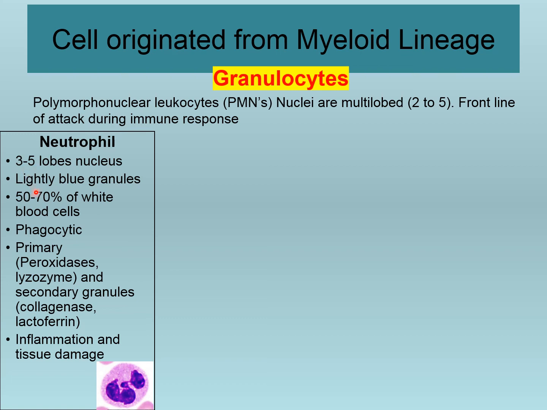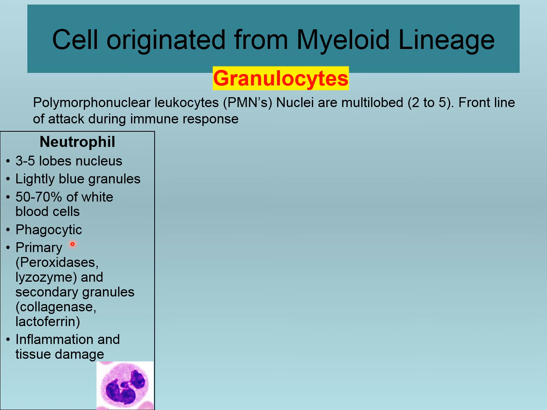The granules in the cytoplasm are generally stained light blue in color. Neutrophils are the major type of white blood cells, ranging from 50 to 70%. These neutrophils have phagocytic activity. That means they can take in bacteria or microbes by means of endocytosis and digest them.